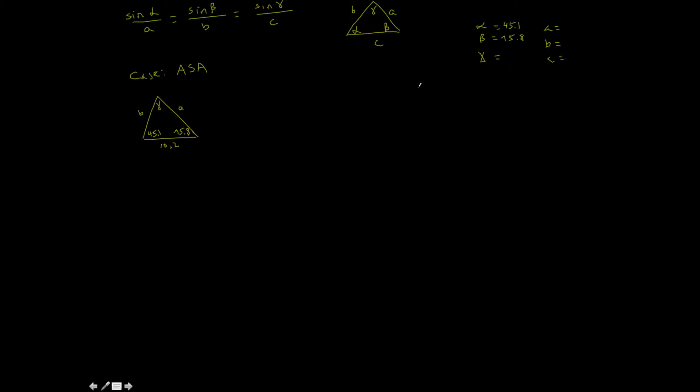And you were given side C, which was 10.2. Now, whenever you're given two angles, it's very easy to solve for the third angle. How do we do that? We subtract the sum of these two angles from 180, and you should get 59.1. So that is our gamma.